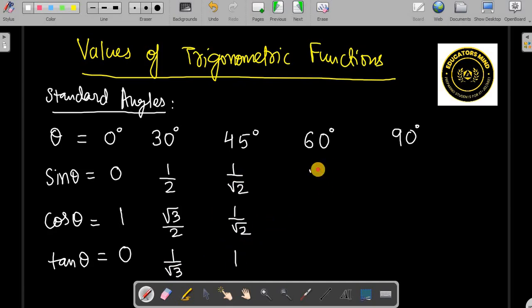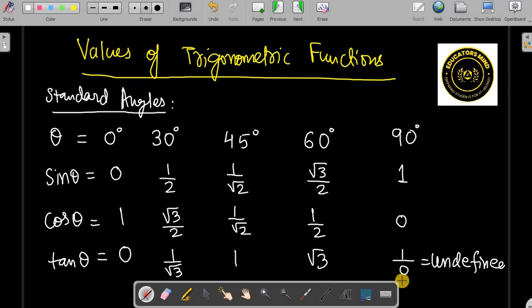Sine 60 degree root 3 by 2, cos 60 degree half, tan 60 degree root 3. Sine 90 is 1, cos 90 is 0, tan 90 is 1 by 0, which is undefined, or infinity, which we say undefined. Okay, so these are for standard angles which we can remember. Each column has the corresponding values and you can remember this.